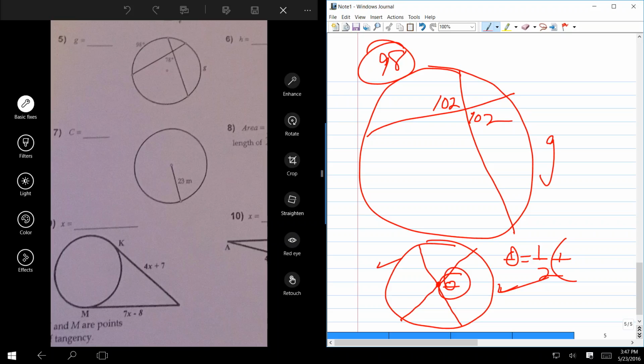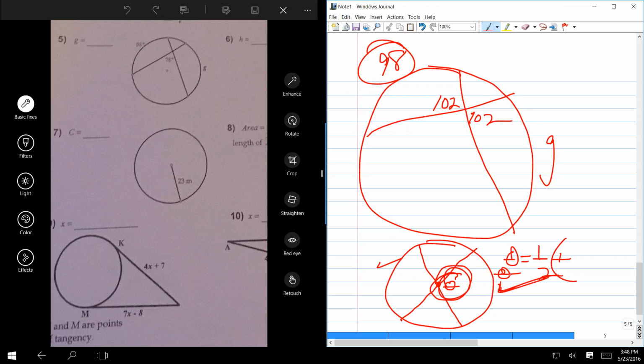I guess what I'm trying to say is that when you have a problem where you're not sure what the answer is, or the general formula, try to turn it into a problem where you know exactly what it is. In other words, if these two chords intersect at the center, you know that's a central angle and it intercepts an arc that's exactly the same as theta.